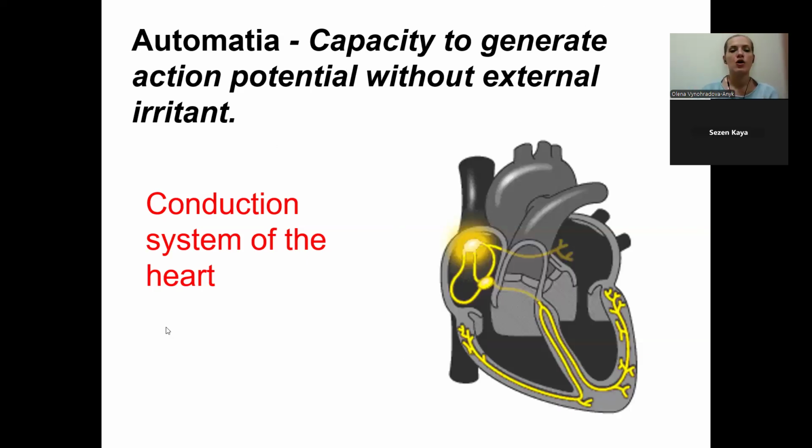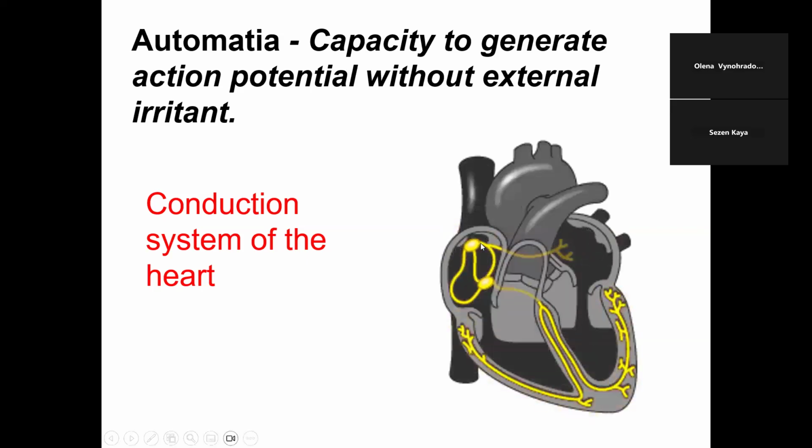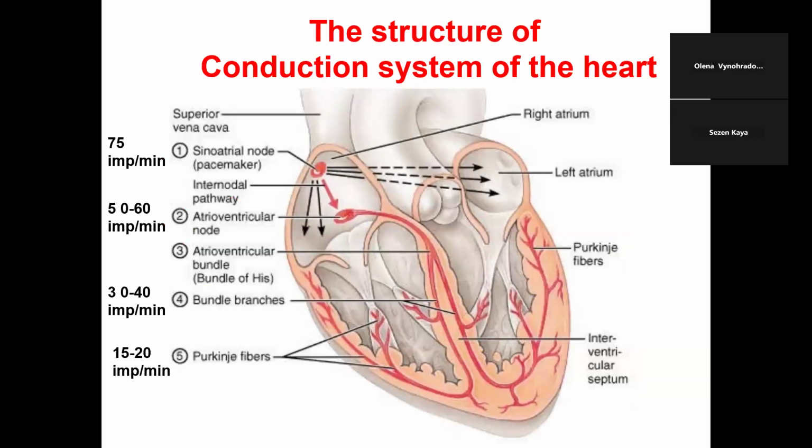Why does it happen? Because inside our heart we have the conduction system of the heart. This conduction system works like an ECG generator, and it generates electrical impulses by itself. The conductive system of the heart is created from atypical cardiac muscular cells. These are not neural cells, they are atypical cardiac muscular cells. The conductive system consists of main elements.